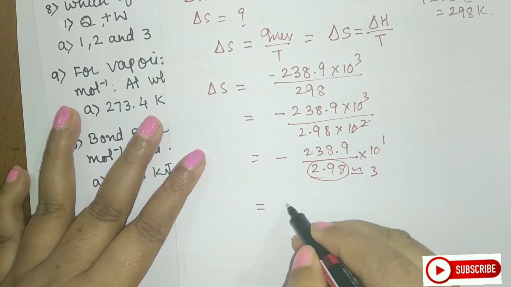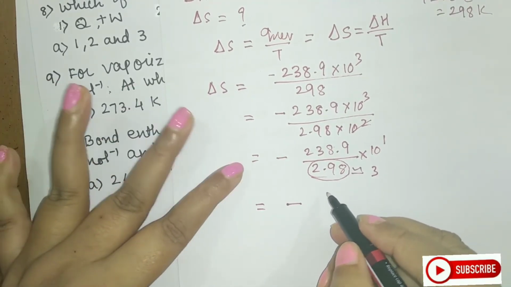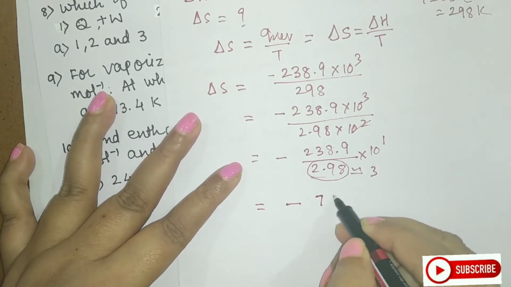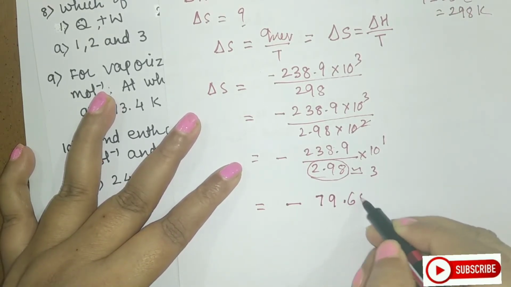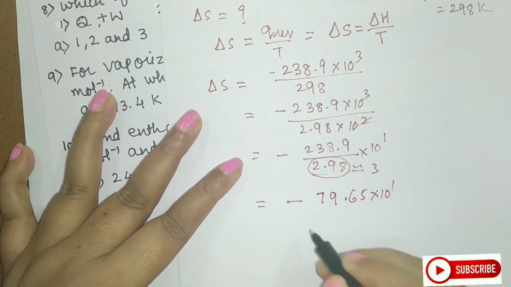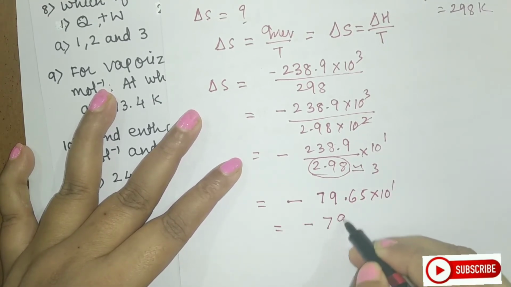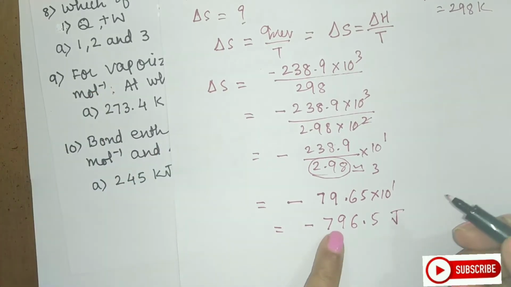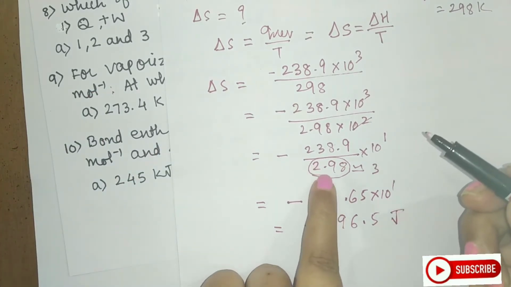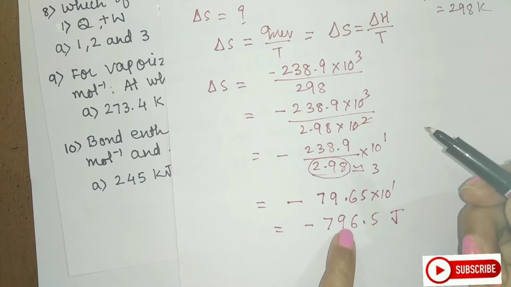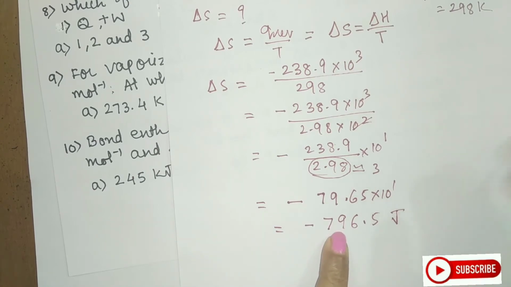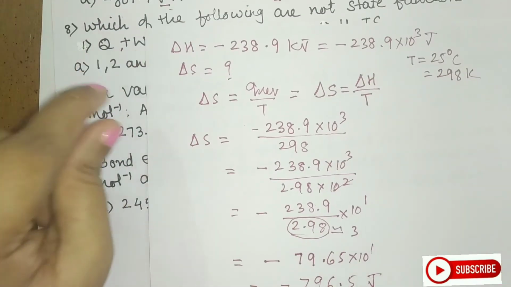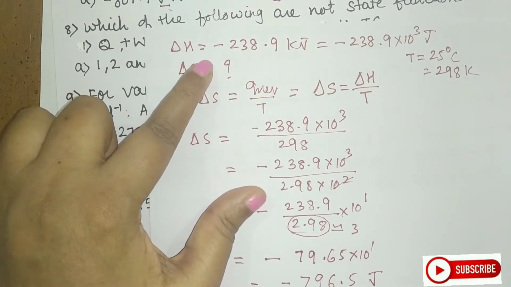So it will become minus 79.65 into 10 raised to 1, so it will be minus 796.5. So this is what I got nearly, but this value is less than 3, so this will be more than 796.